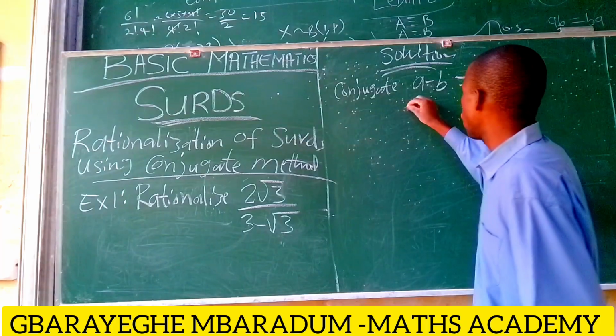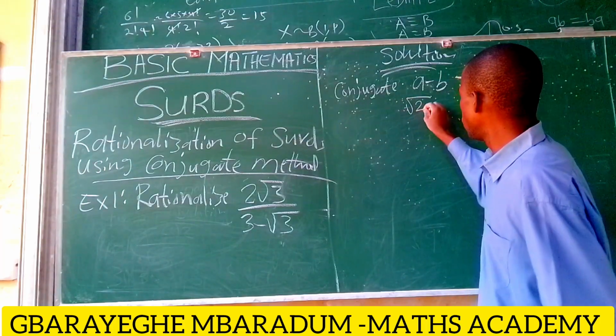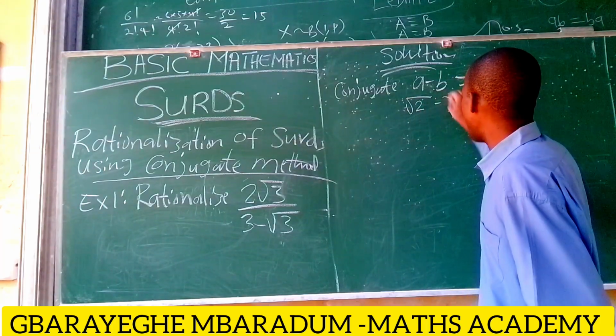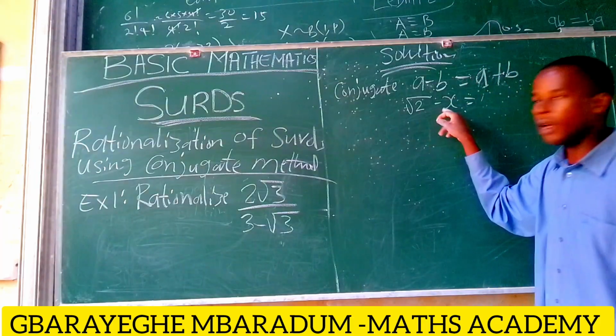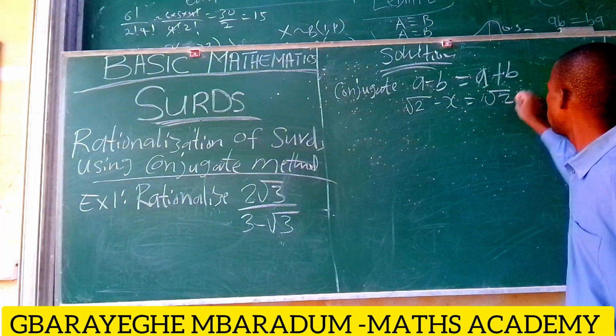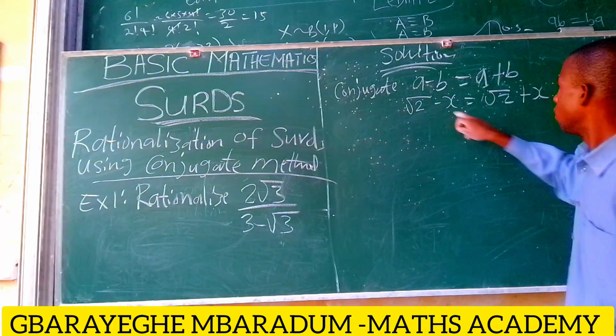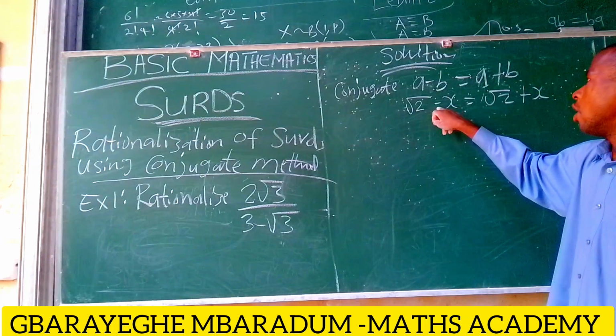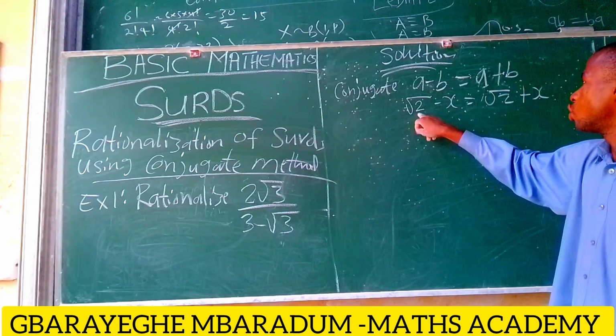We can also have root 2 minus x. The conjugate of root 2 minus x is root 2 plus x, by taking the opposite sign of the operator that connects the two terms.